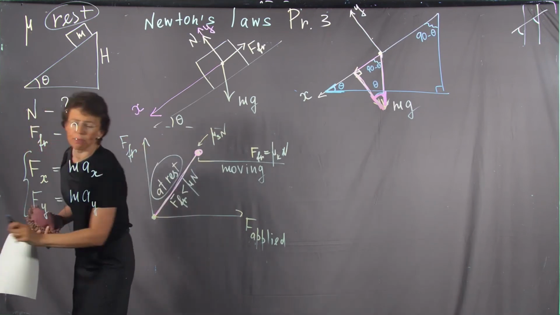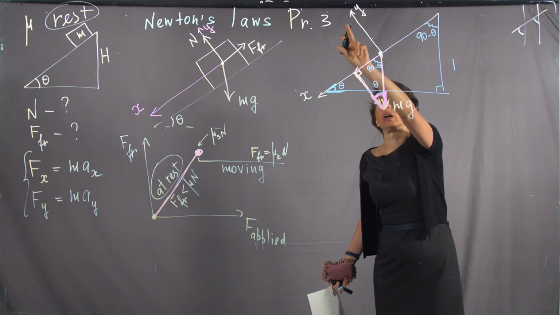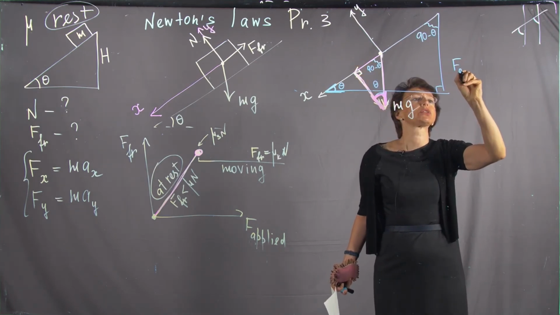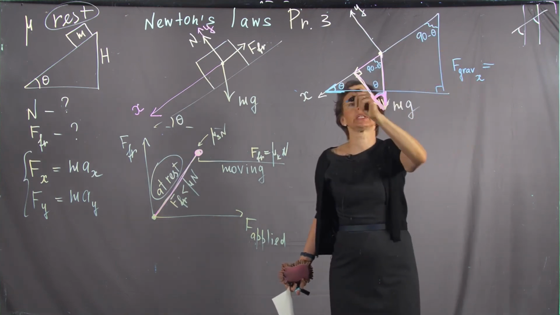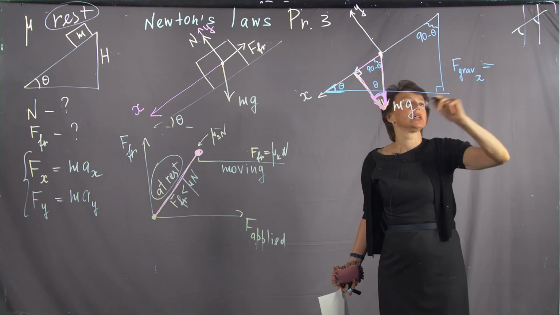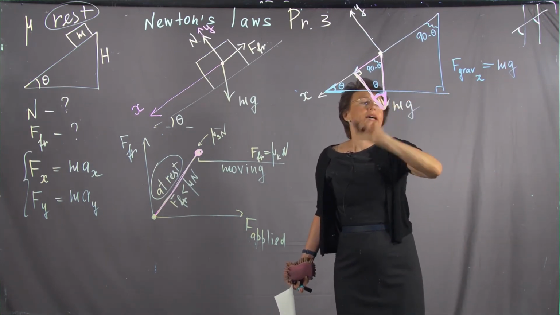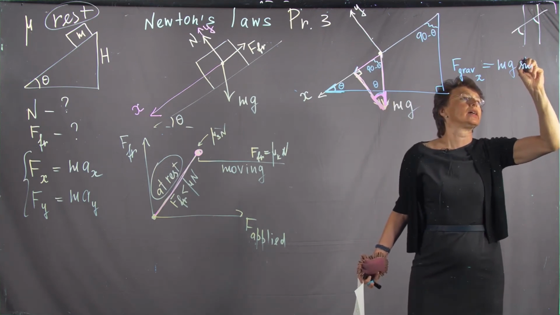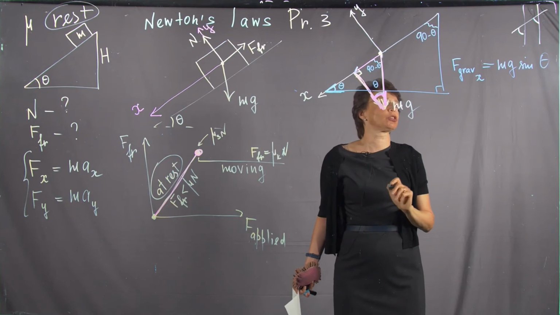So now I'm ready to write the components of force of gravity in my coordinate system. Force of gravity sub x, x component in my coordinate system will be positive, and it is mg, hypotenuse, times sine of the angle which is opposite to the leg I'm interested in.